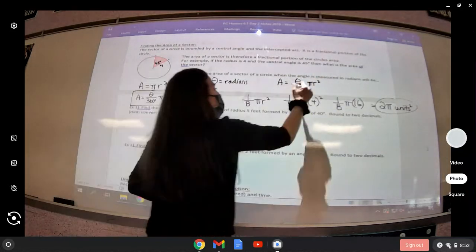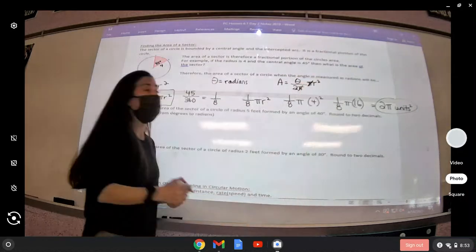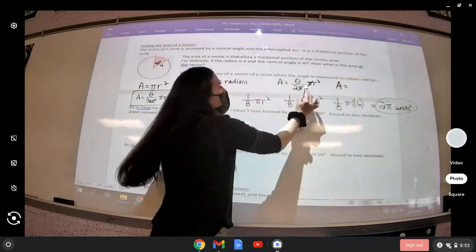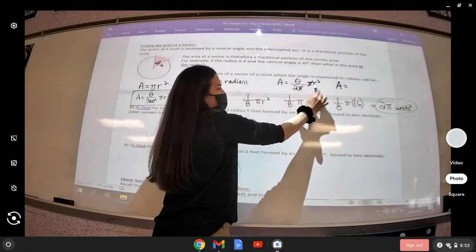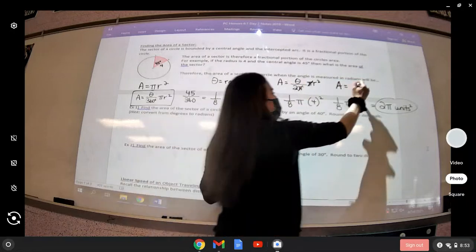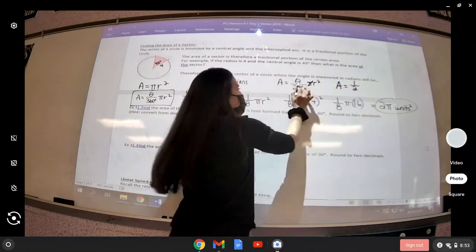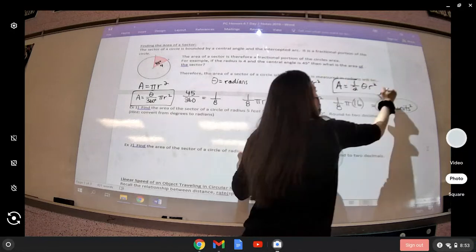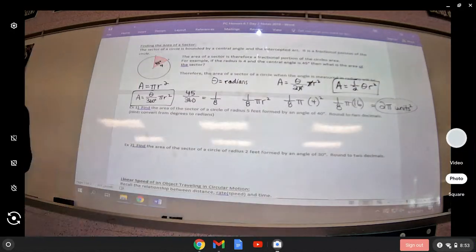But in radians, this pi and that pi cancel, and you're just left with the area equaling theta times r squared divided by 2, but they pull the 1/2 out and say 1/2 times theta times r squared. So that would be the formula you would use if your angle was in radians.